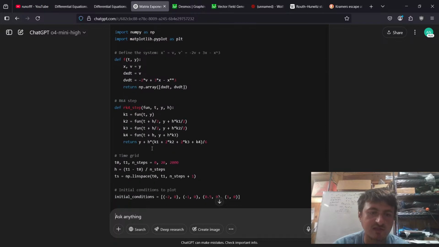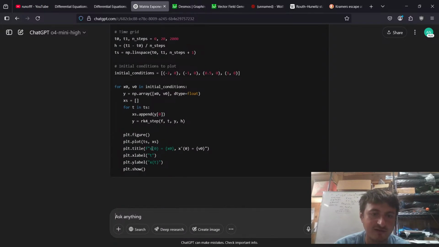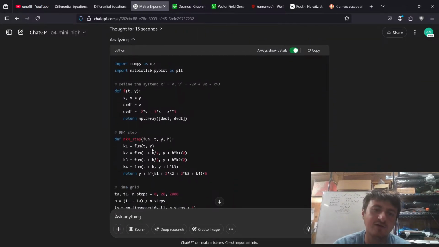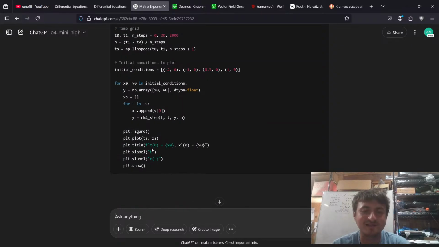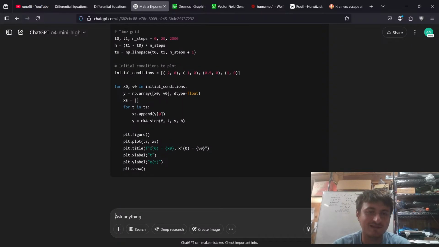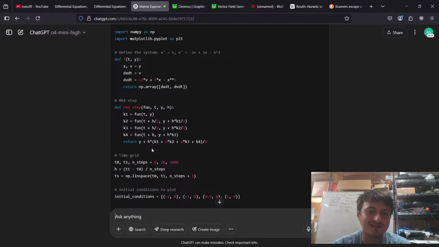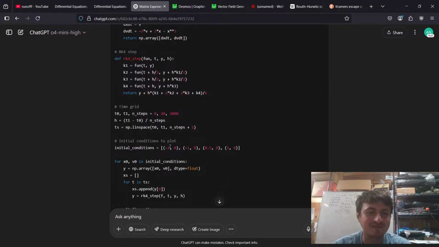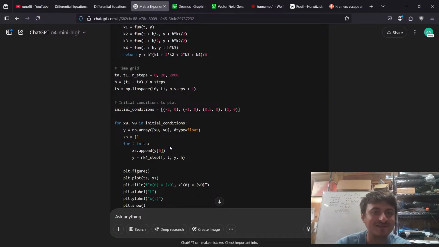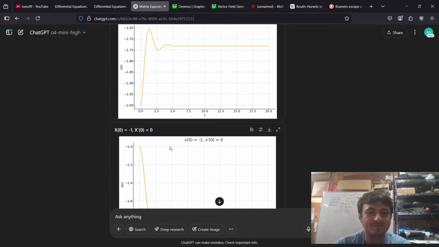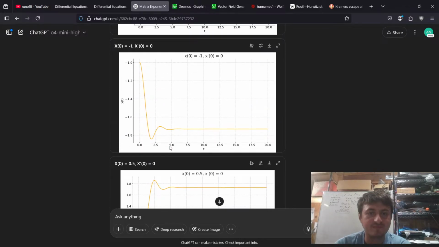Wow, it actually writes its own Runge-Kutta. That's crazy because it knows that well, but it has SymPy. Doesn't SymPy have... that's pretty nuts that it just writes it. It's literally like 5 lines of code. It's just funny, you know.